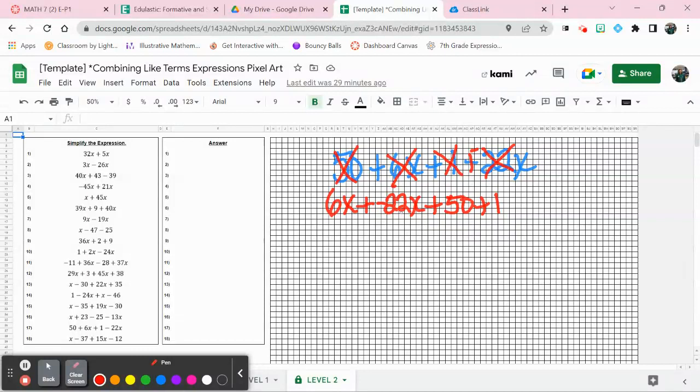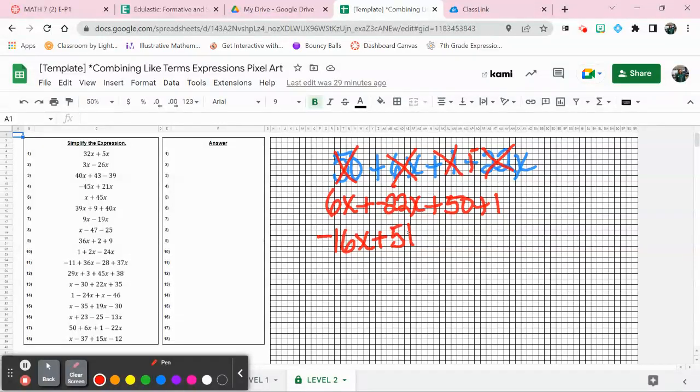Remember, different signs: stop, subtract, keep the sign of the most. 22 minus 6 is going to give me 16. I have more negatives than positives, so it's negative 16x plus 50 plus 1 is 51, and you are done.